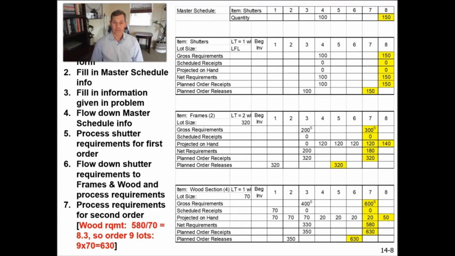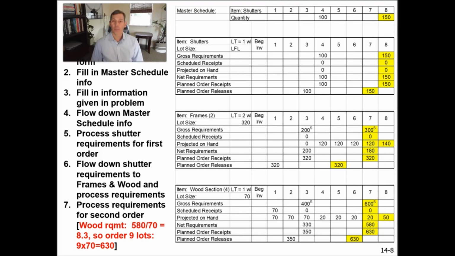For the wood sections, we drop down to week 7 again. You need gross requirements of 600 wood sections. You also have on-hand inventory of wood sections. Granted, it's only 20 pieces, but still, you've got 600 as your gross requirements. The 20 pieces that were left over in week 4, they also sat in inventory until you needed them in week 7.